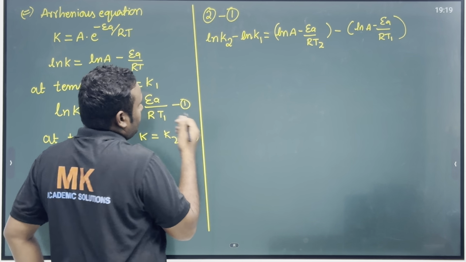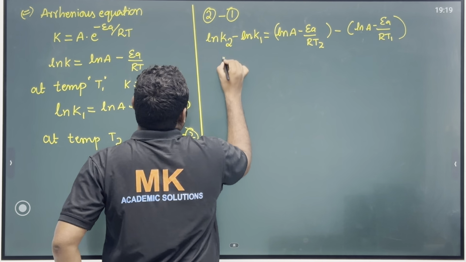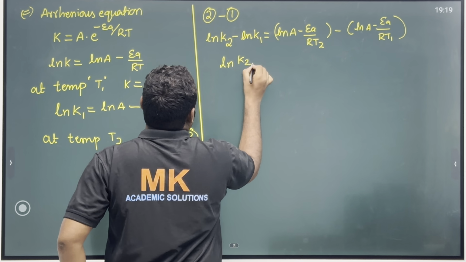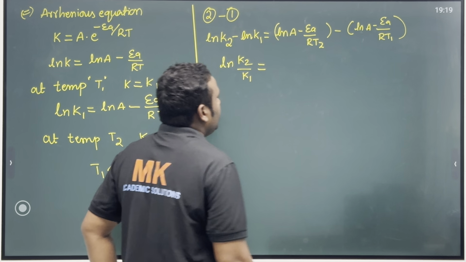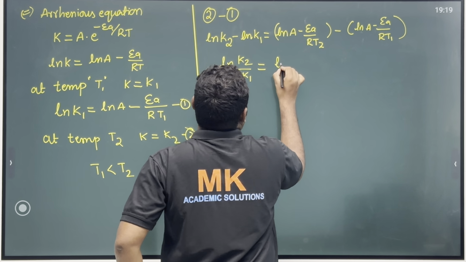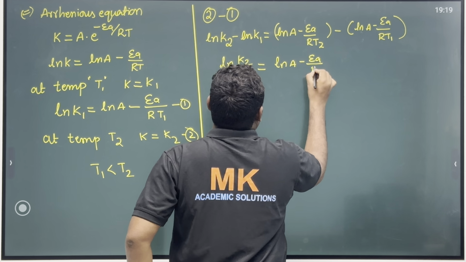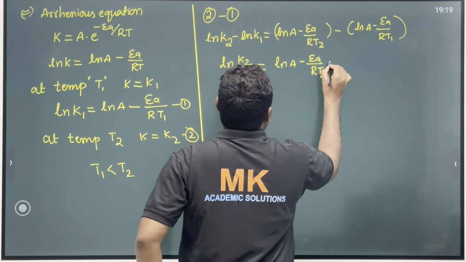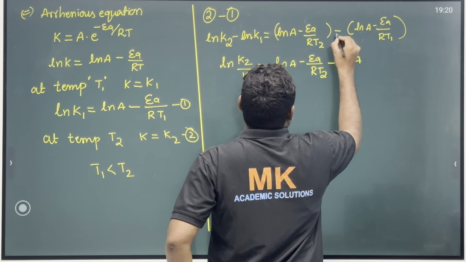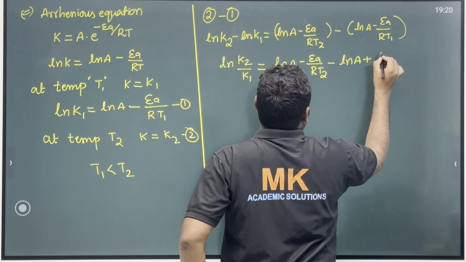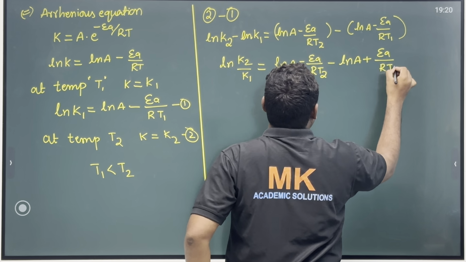Okay. So now ln K2 minus ln K1 is ln K2 by K1, that is equal to ln A minus EA by R T2, minus into plus, minus ln A, minus into minus plus EA by R T1.